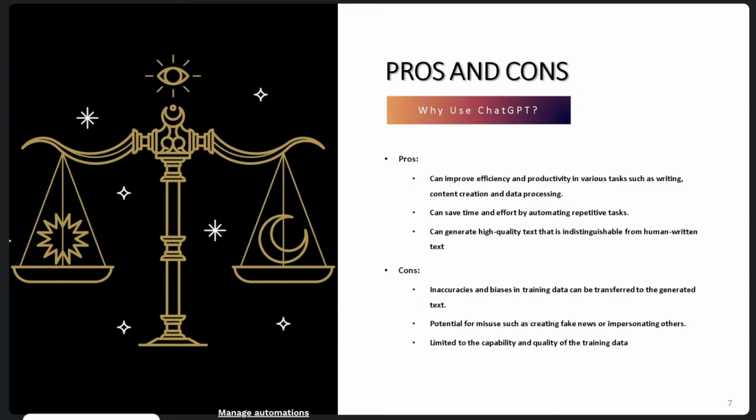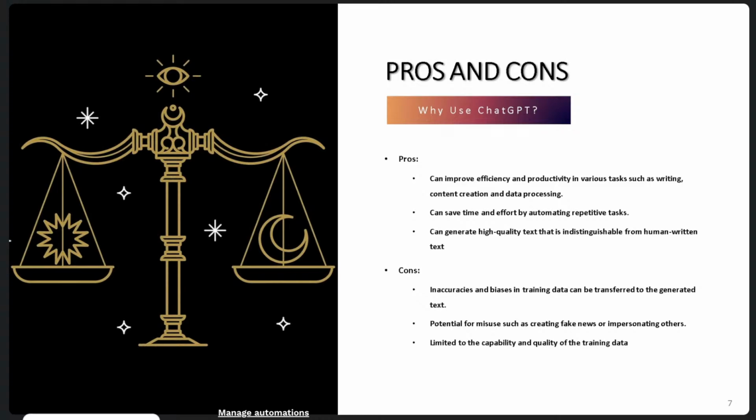The reason why it can be used for a lot of things that have to do with data processing is because it can tell you, okay, these are the steps that you can take, as we saw in the VBA code that I wrote to process patient schedules and put them into doctor schedules and operating theater schedule. So it can save time and effort by automating repetitive tasks.